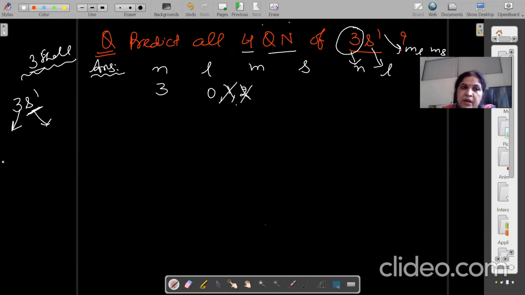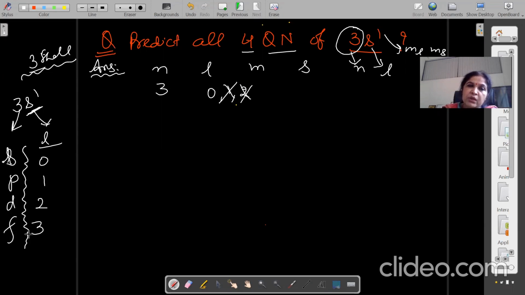We have already discussed for s, p, d, f. What is the l value for s? 0. p is 1, d is 2, f is 3. You have to remember this, and only then can you solve the question. So l will be only 0. What is the m value now? If l is 0, m is also 0.